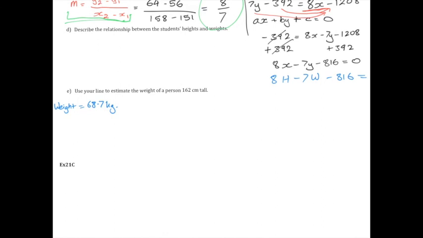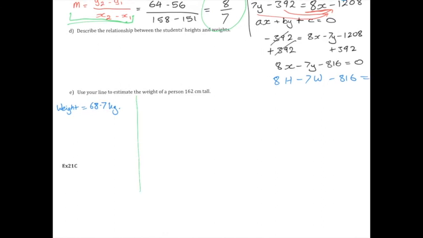Now, can we take a moment and use our equation as well? So now I'm going to copy down my equation, and I know your equation is slightly different. And where do I put the 162? For H, yes. So it becomes 8 times 162 minus 7W minus 816 equals 0.